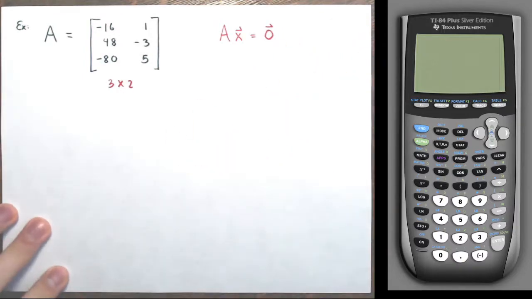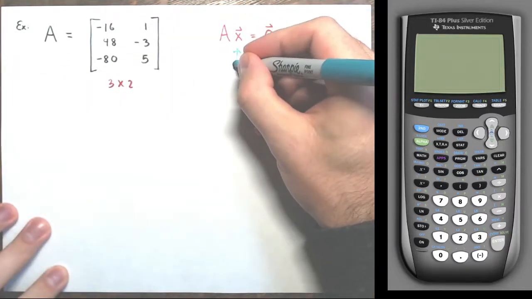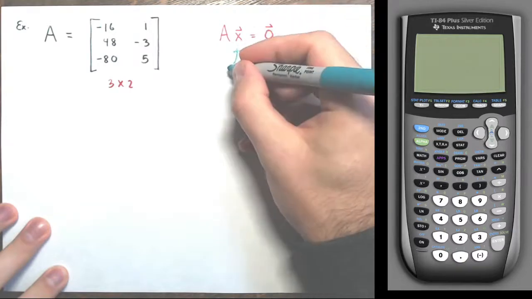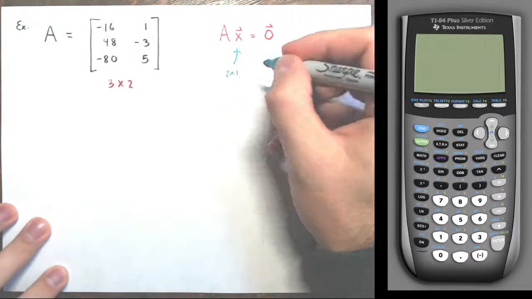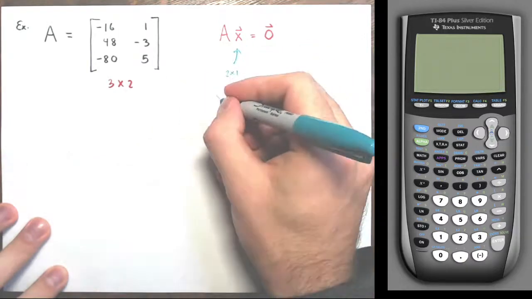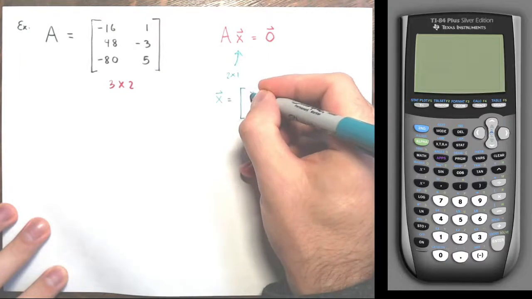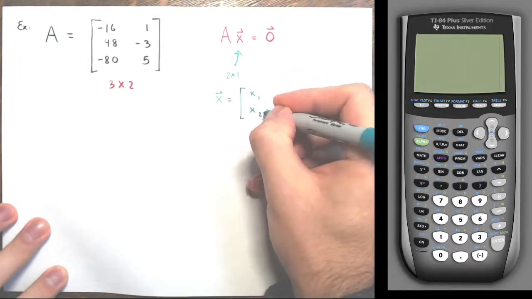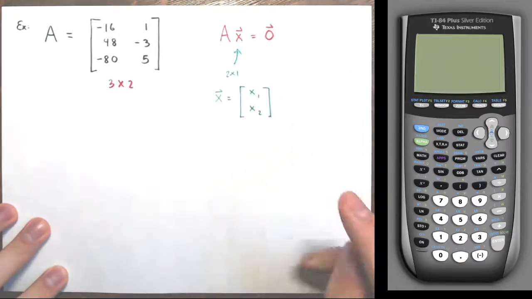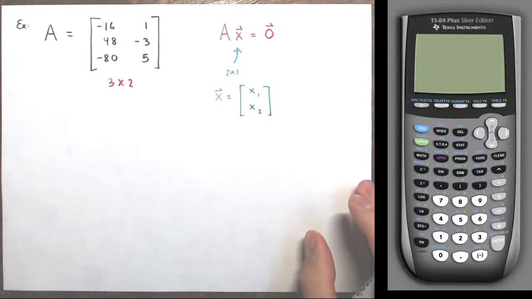The vector x, this column vector, needs to be a 2 by 1, right? This is a 3 by 2. This needs to be a 2 by 1. So vector x is going to be from R2, right? I have a column vector with 2 components, so just x1, x2 this time. So the null space this time will be a subspace of R2 instead of R3 like the past several examples.